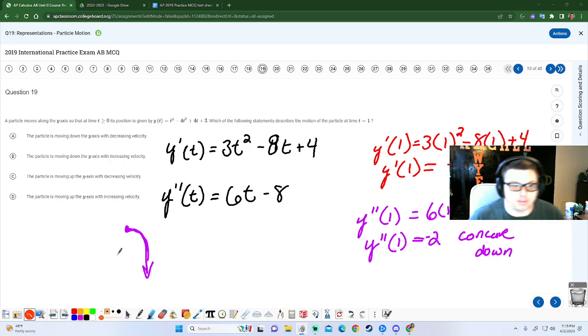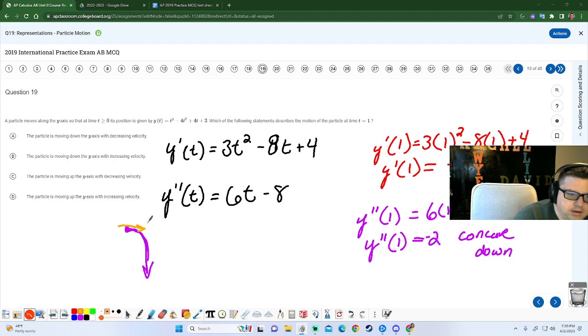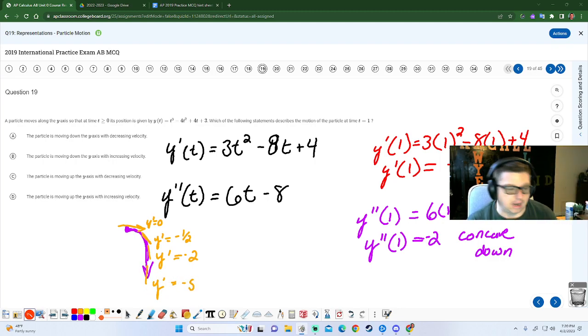That would make sense because if we think about this, let's talk about our different tangent lines. So our tangent line here is boom, 0. Then what happens? It becomes negative 1/2. Then it becomes negative 2. Then it becomes negative 5 because we're going to go down 5 to the right 1. You know, like it just keeps increasing and it gets bigger and bigger.